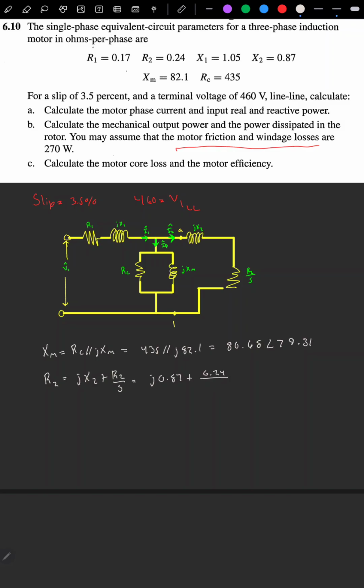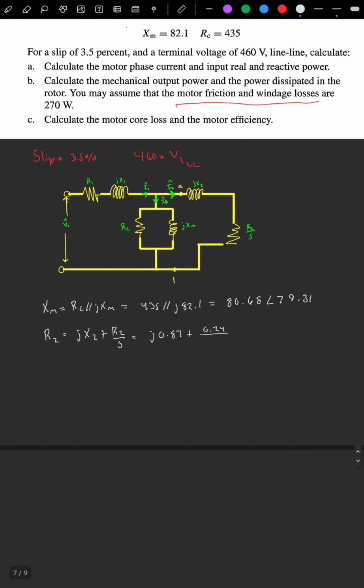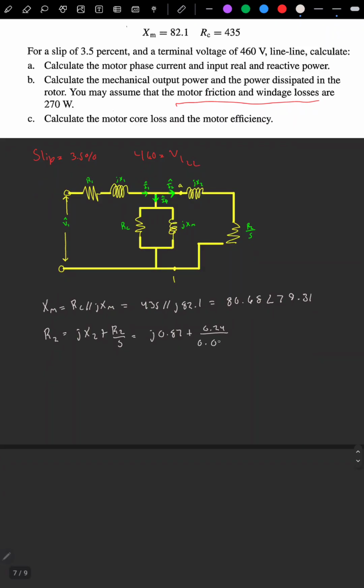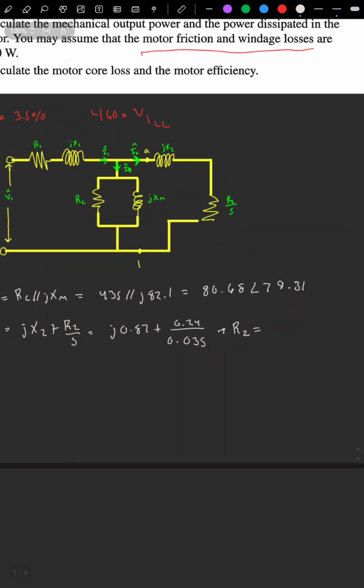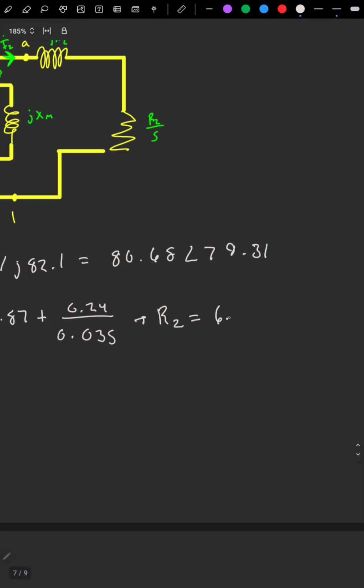Converting it into not a percentage, just a number, would be 0.35. So our R2 is going to equal... I'm just going to keep it in phasor format, but it doesn't matter.